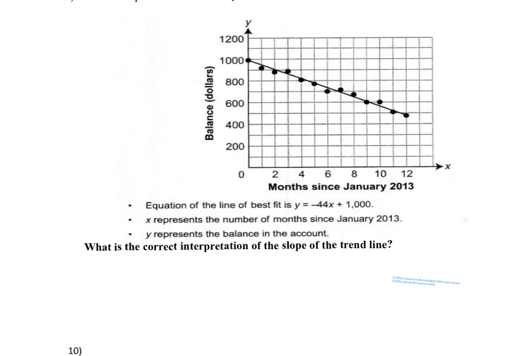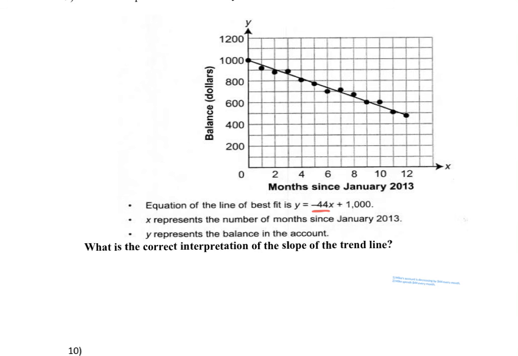The line is decreasing, so the slope is negative. We're talking about decreasing, not increasing. For every 1 month that passes, the account is decreasing by $44.